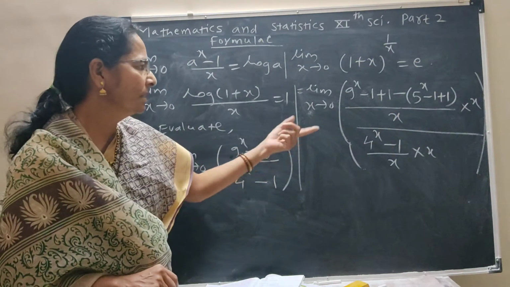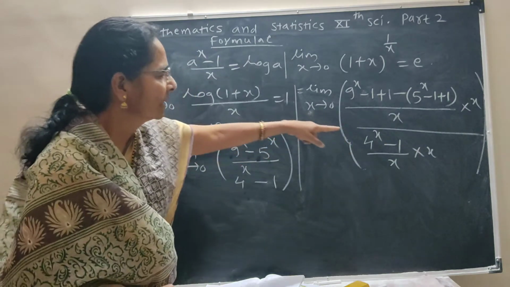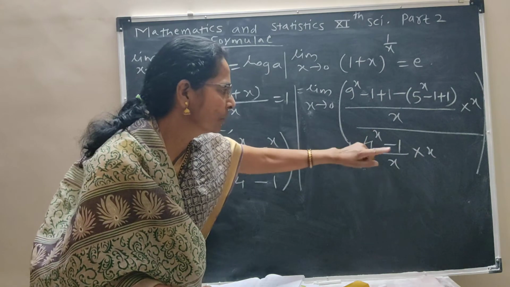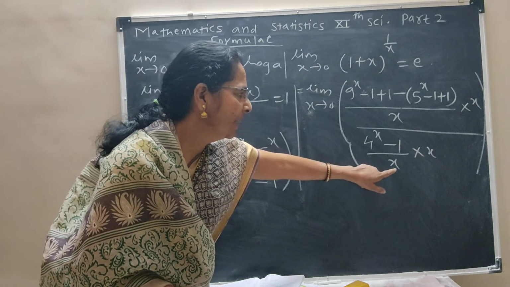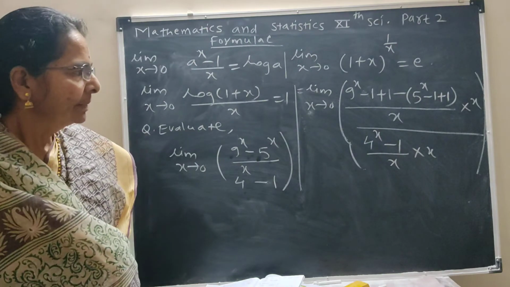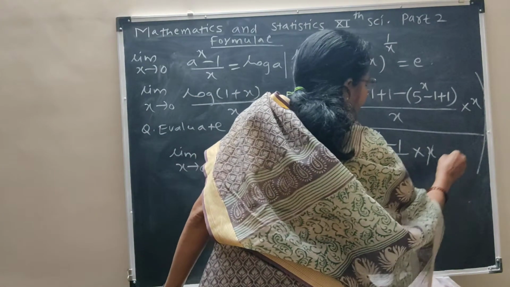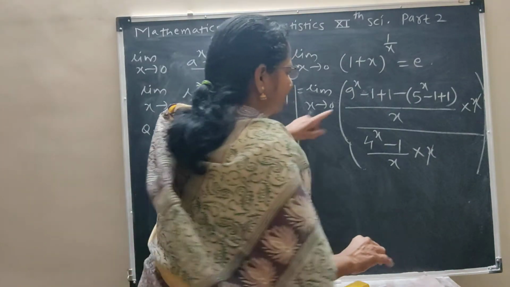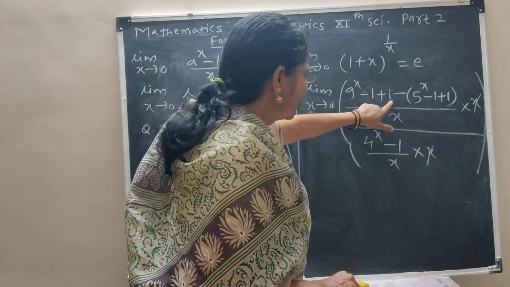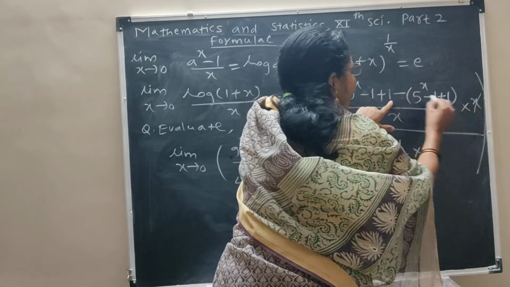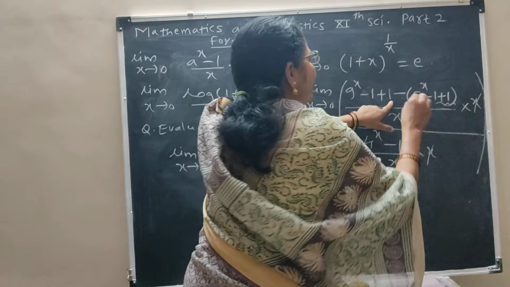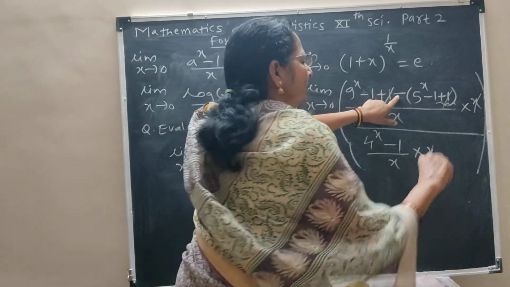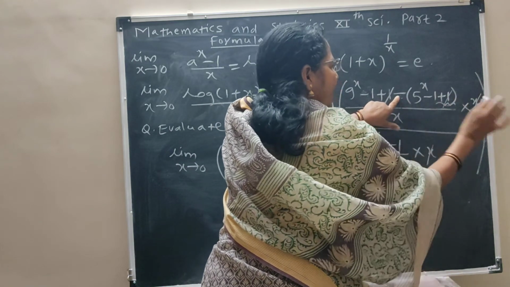Similarly, 4 raised to x minus 1, here is x, so take x. That means we divide by x, so multiply by x. Then x from denominator and x from numerator get cancelled. This is plus 1, and due to this negative sign, this is minus 1, so they get cancelled.